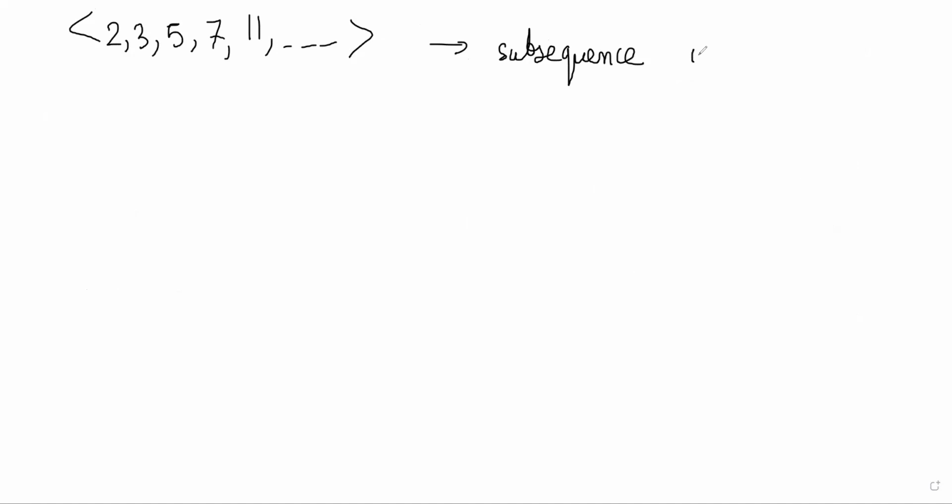Similarly, 2, 3, 5, 7, 11, and so on. This is also a subsequence of primes, basically. But it is a subsequence of, you can say, n. However, this time you will not be able to find the nk rule.